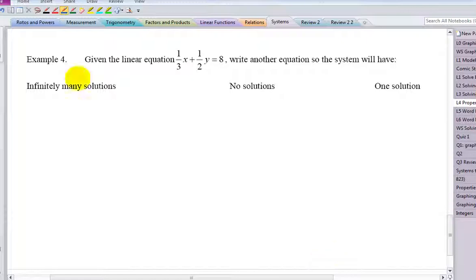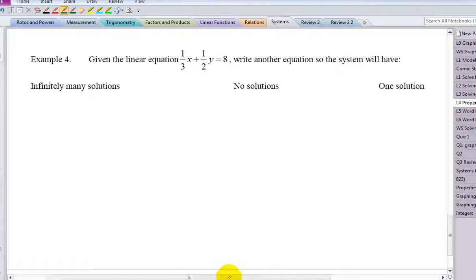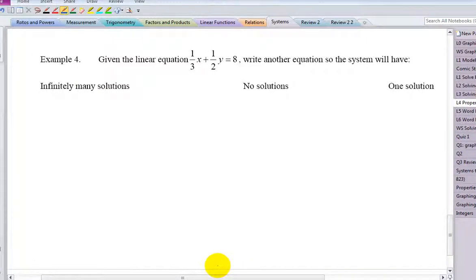The first one with infinitely many solutions. What kind of lines have infinitely many solutions? Same line, so we want to have the same slope, same intercept. So we don't want to change anything.